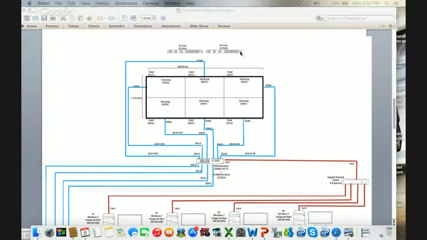Each electricity output from the monitors will be connected to the Furman PL Plus. So we have 6 electricity inputs coming into the Furman PL Plus, and we will have one more coming from the RGB Spectrum Galileo. With this, we are protecting our investment very well.